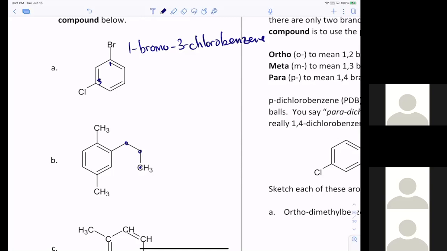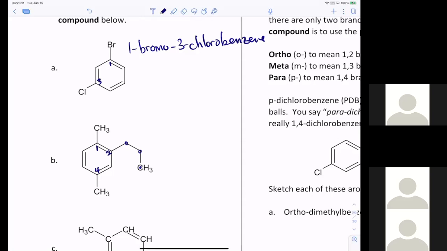So we're going to name methyls first, right? So then the top methyl or the bottom methyl, which one's going to be number 1? Try to keep your numbers small. So the top one will be 1, and then the propyl will be second. 2, yeah, and the other methyl will be 4, right?